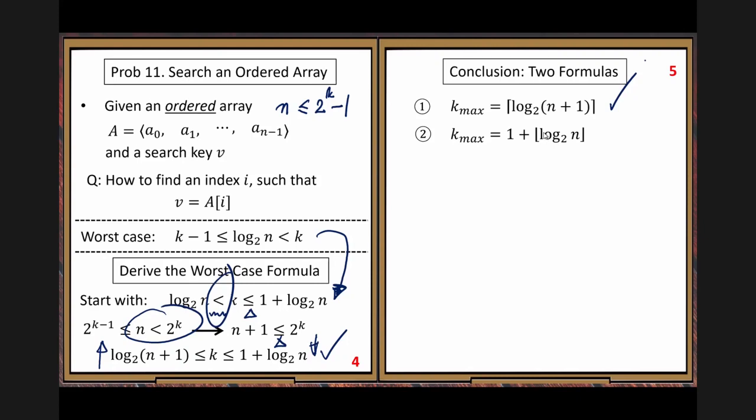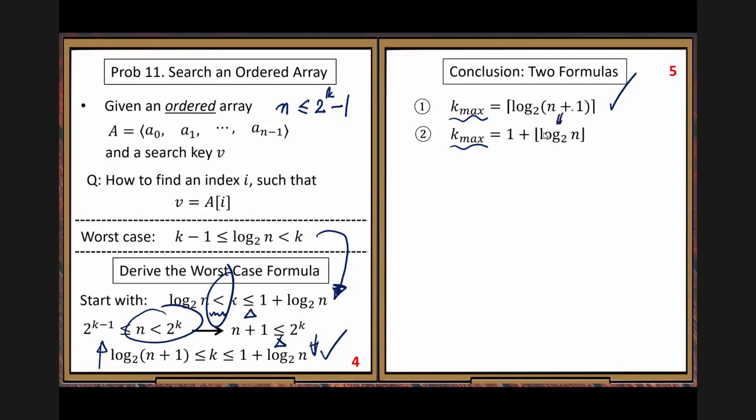Here you can see these two formulas are quite different, right? How do you know K max equals both? Because K max must be one same number here. Actually, we can do a rigorous proof to show these two expressions are the same.